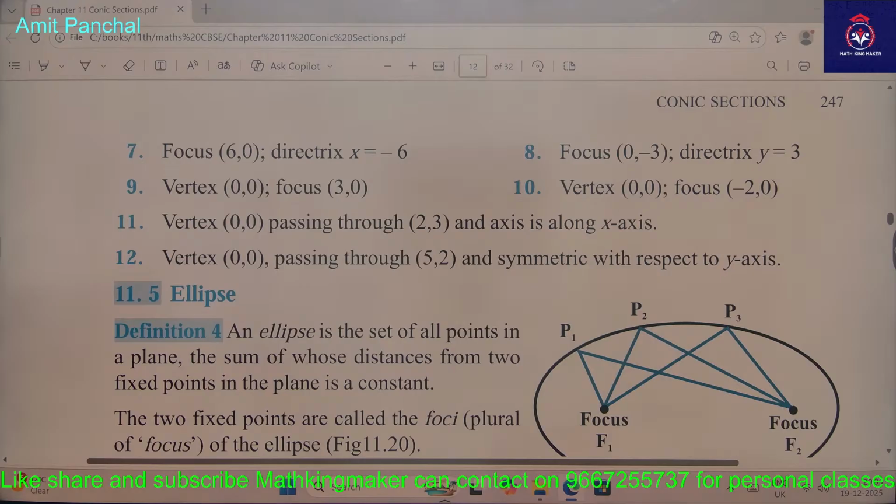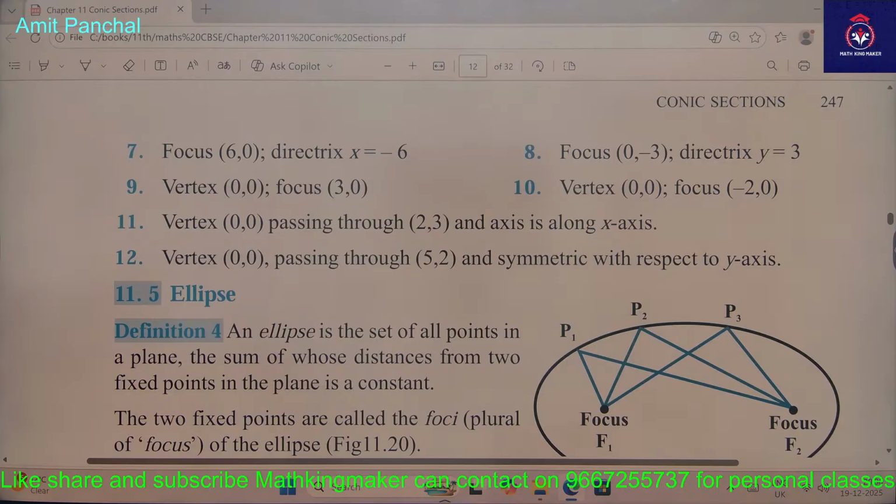11. Passing through 2, 3. This is along x-axis. So on x-axis. So when they say axis is along x-axis, that means the axis of symmetry is x-axis, right? Yes.